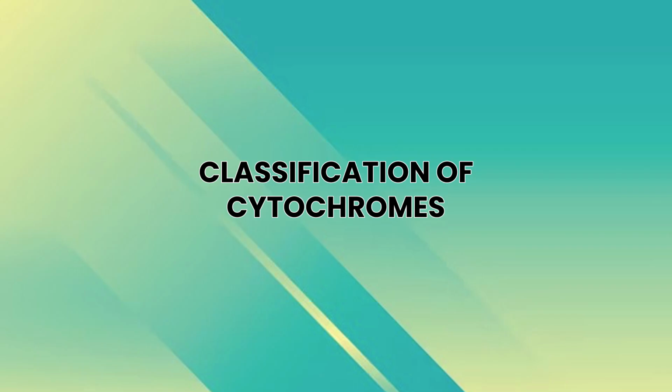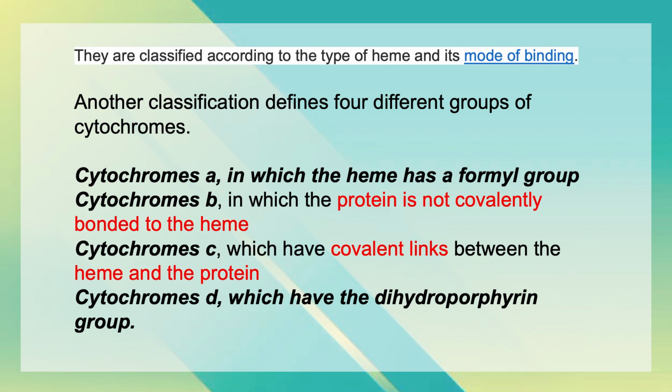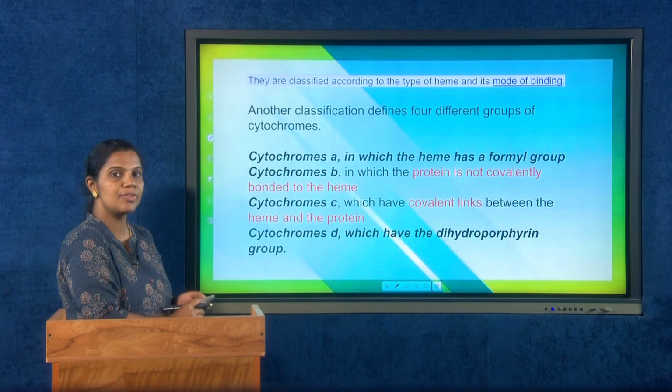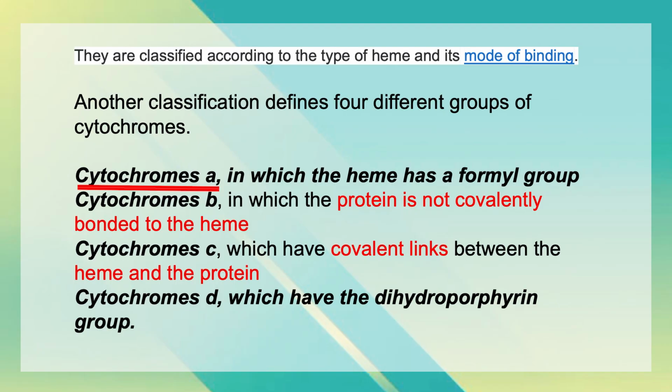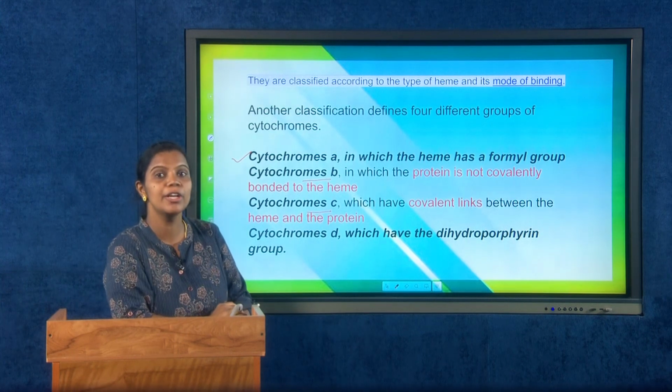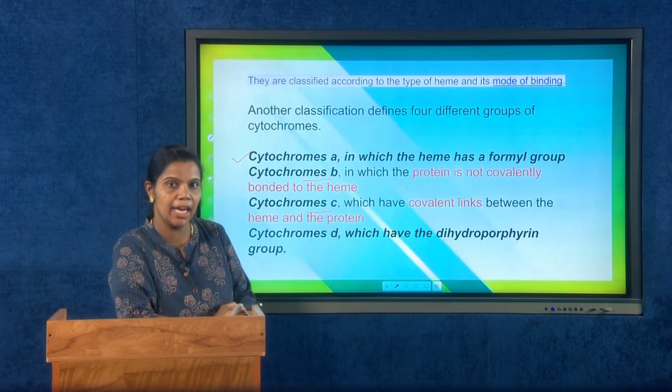Now, we are moving on to the classification of cytochromes. Cytochromes are classified based upon the type of heme present and its mode of binding. They are classified as cytochrome A, cytochrome B, cytochrome C, etc. Now let's look into the type of substitution and linkage in these cytochromes. Cytochrome A has a formyl group as the substituent in heme.